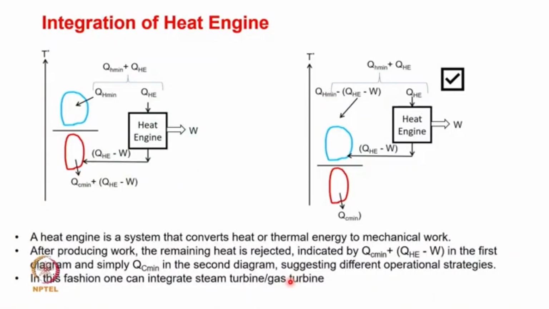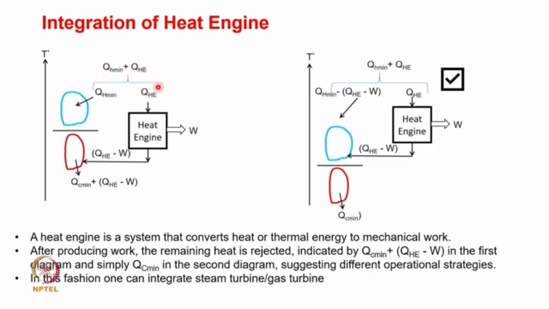So you can try adding a heat engine across the pinch point. There are two ways to add a heat engine to the pinch. Anyway, we need to add an additional QH min as a heat utility, and we are not just adding QH min, but we are adding a summation of QH min plus QHE.